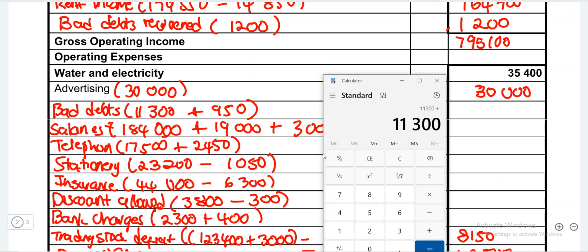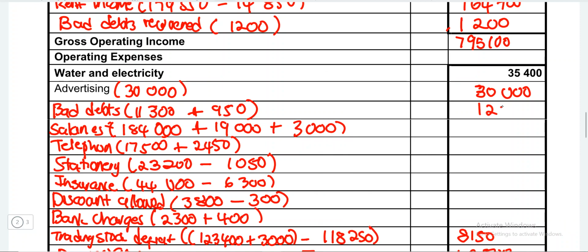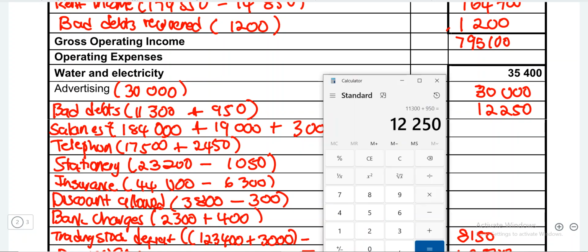11,300 plus 950, it is giving us 12,250, and then 186,000 for salaries, 184,000 plus 19,000 and then plus 3,000, it is giving us 206,000.